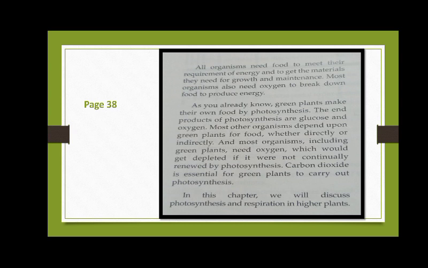And most organisms including green plants need oxygen for respiration. And you know, students, during photosynthesis oxygen is released outside and carbon dioxide is taken. So in this chapter we will discuss photosynthesis and respiration in plants.